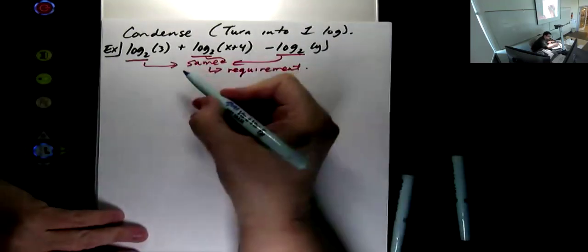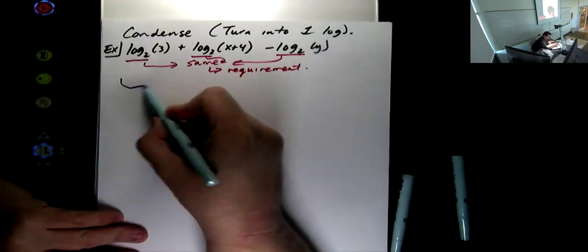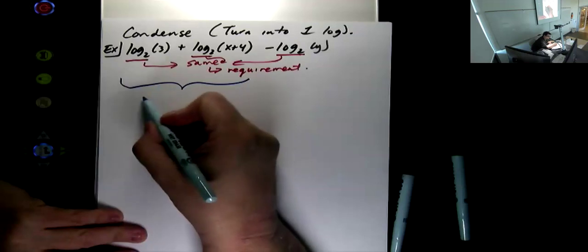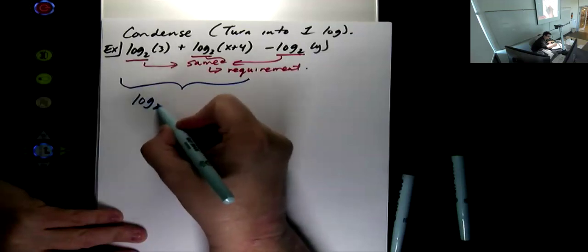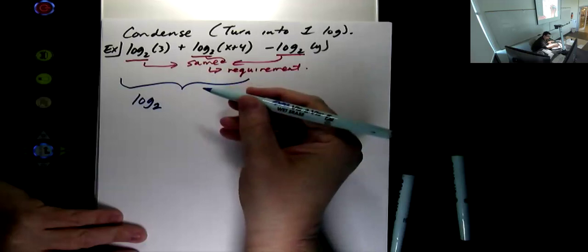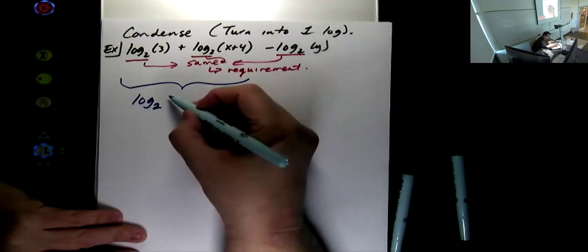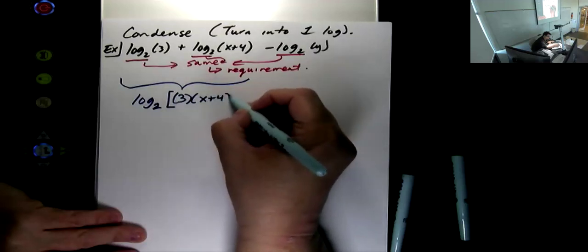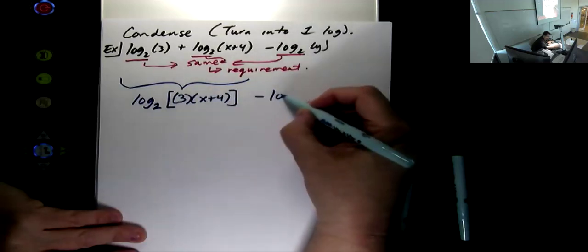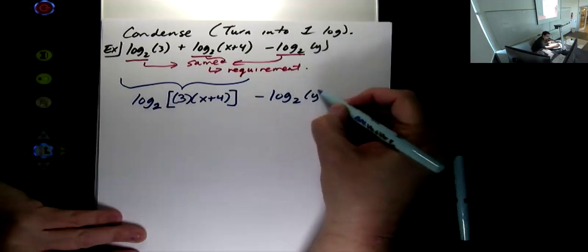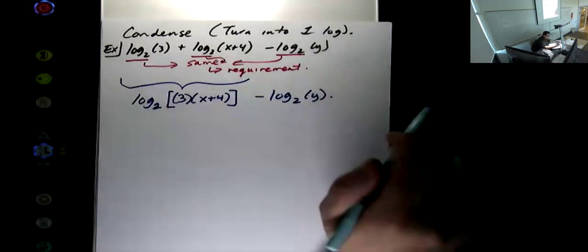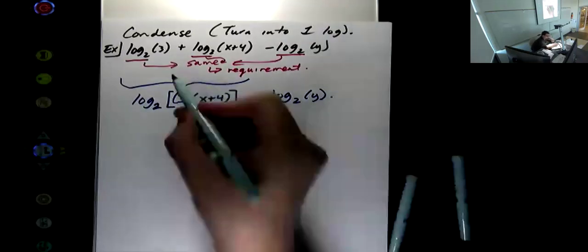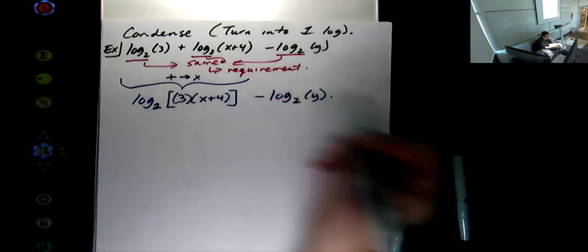Alright, so what I'm going to do is these two have a plus. I'm going to do them first. Like I said, you can do these all at once, but I don't want to confuse anyone. Plus on the outside was multiplication on the inside. This turns into 3 times x plus 4 on the inside. And we still have minus log 2 of y. So plus turns into multiplication.